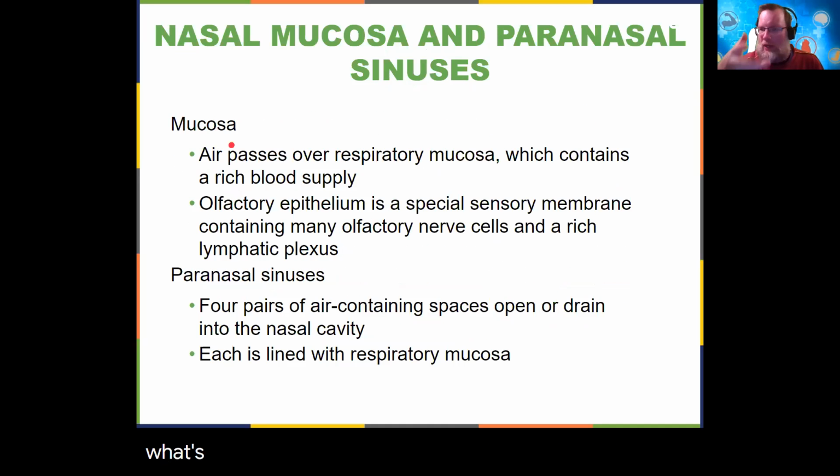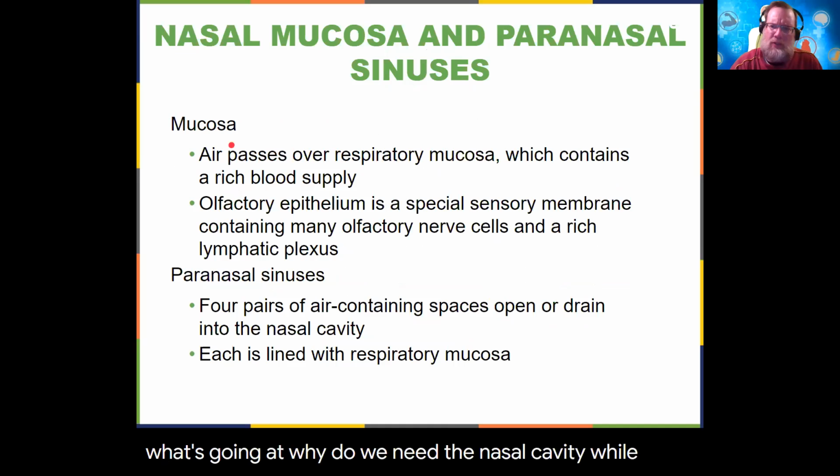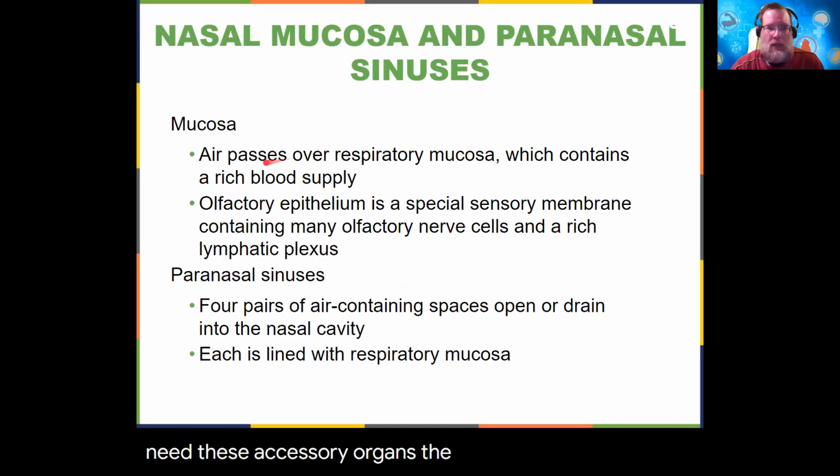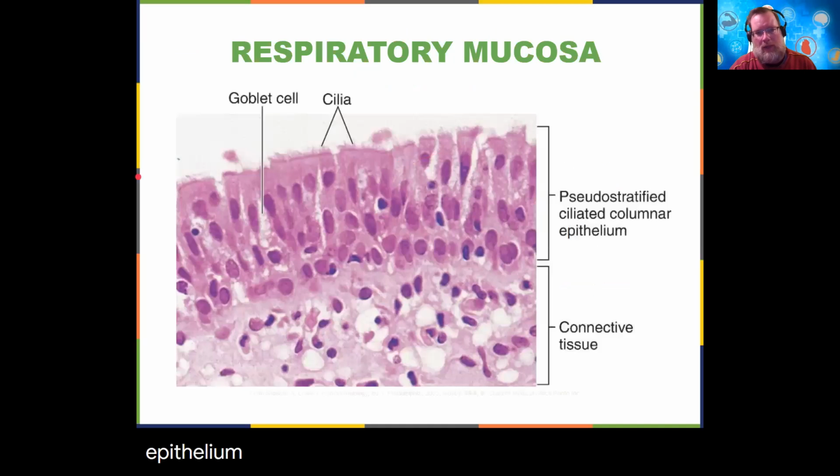So what's going on? Why do we need the nasal cavity? Why do we need these accessory organs, the sinuses? Well, we need to clean some of that air right off the bat. So we're going to see a mucosal lining. We're going to see pseudostratified epithelium, with cilia and goblet cells.